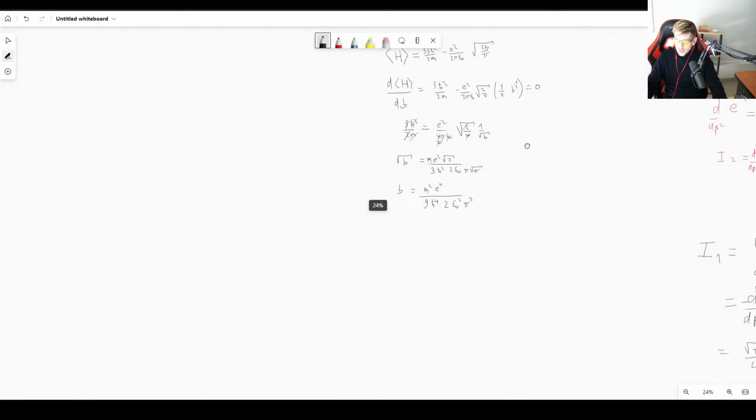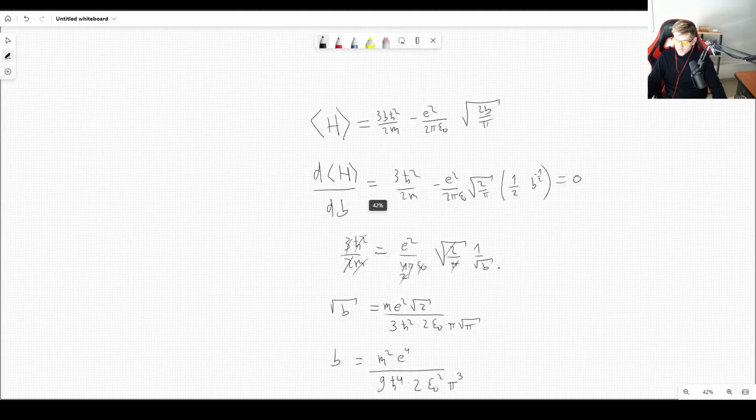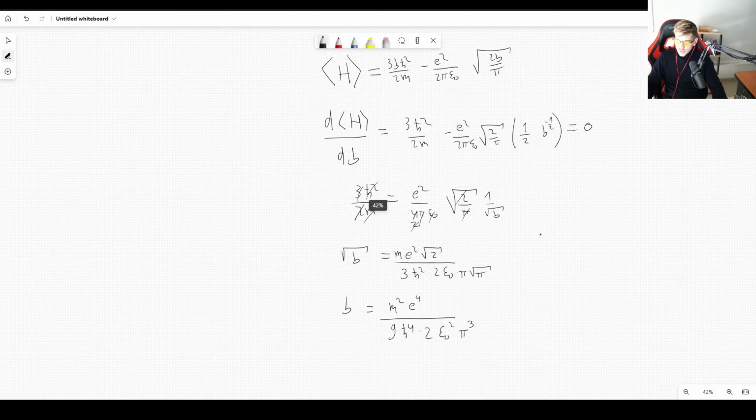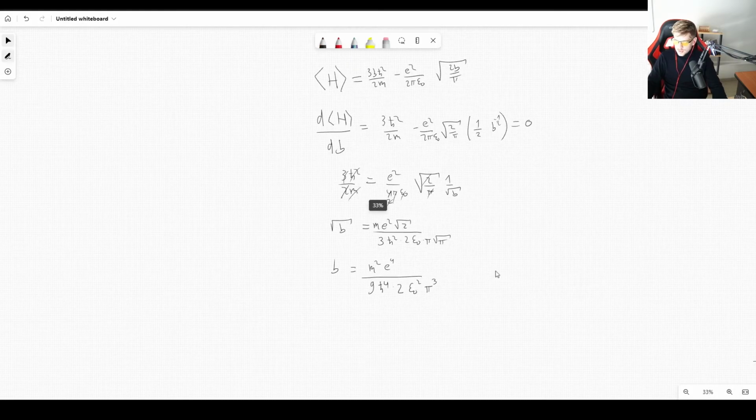Now we want to plug this into our formula here. So what do we get? I'm going to zoom out just a little bit so I can copy it easier. So the expectation value of the Hamiltonian is 3 h bar squared over 2m times b, which is right that thing there. So m squared e to the fourth, 9 h bar to the fourth times 2 times epsilon 0 pi cubed.